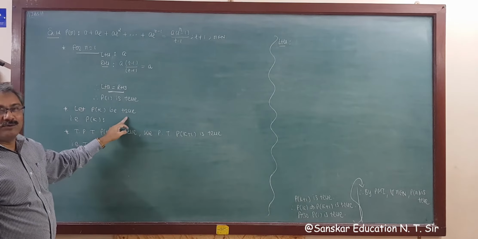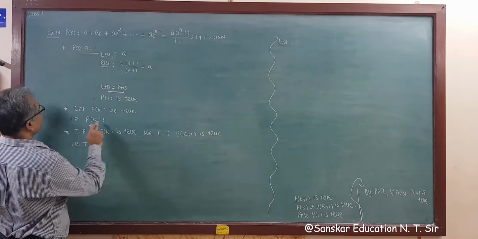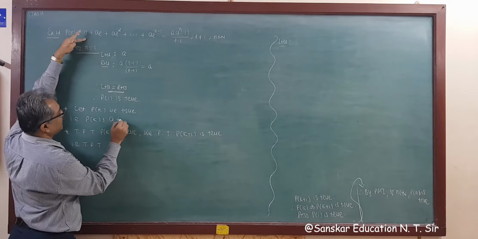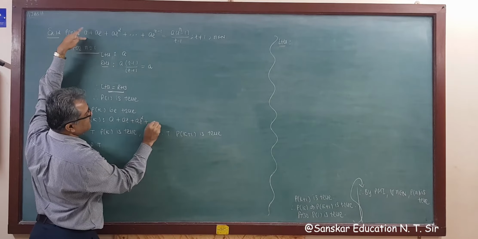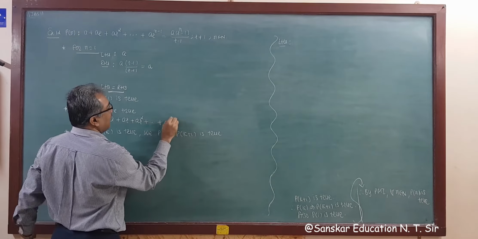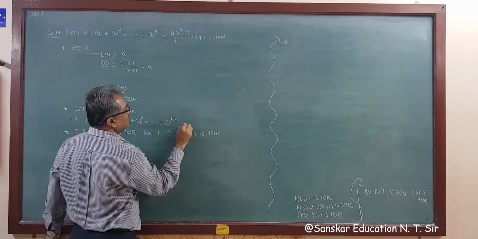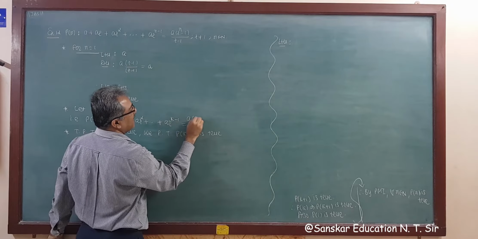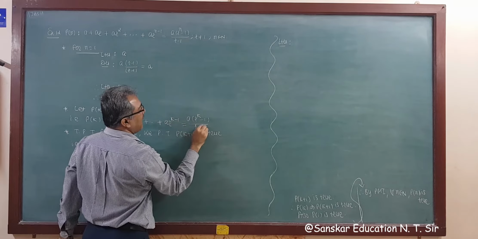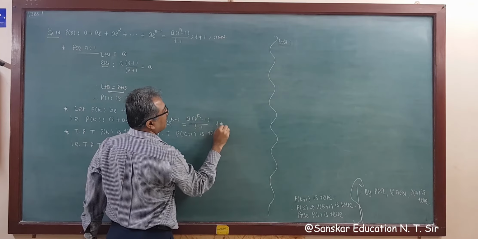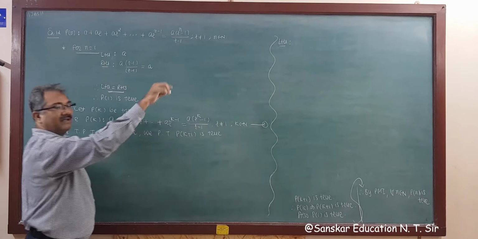Let Pk be true. Now replace n by k, so what we get? Pk is a + ar² + ... + ar^(k-1) is equal to a(r^k - 1)/(r - 1), where r not equal to 1 and k belongs to N, and this is result number 1 as usual.